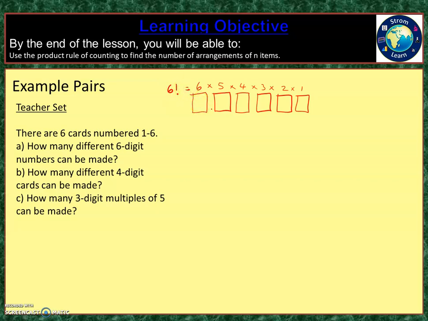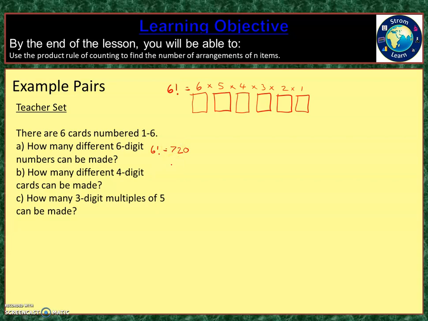And so we can say that 6 factorial is equal to 6 times 5 times 4 times 3 times 2 times 1. And so how many different 6-digit numbers can be made? There are 6 factorial ways, and most calculators have a factorial button, so it can certainly save you typing all that in. And that should give us the answer of 720.